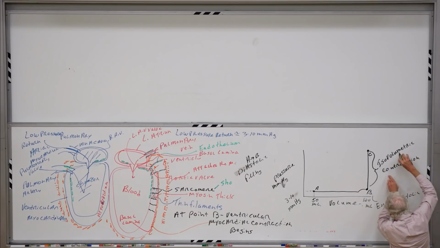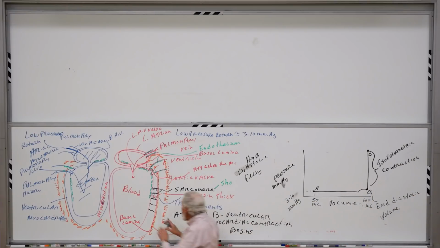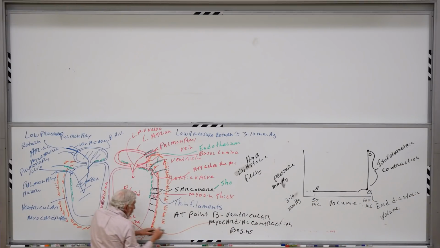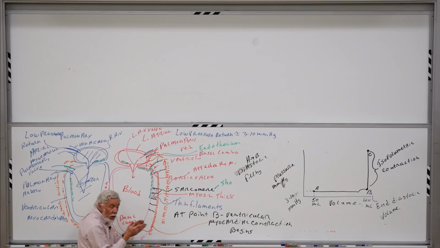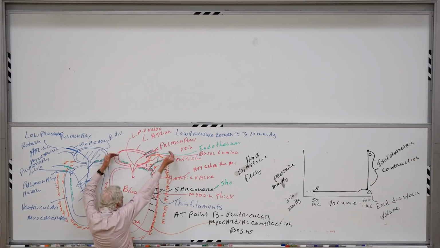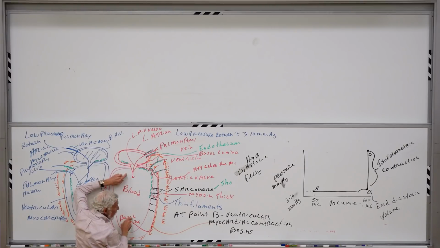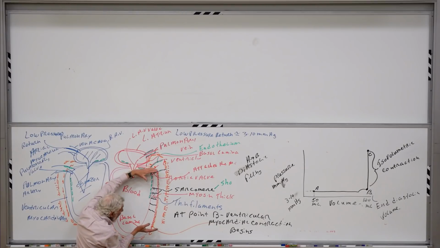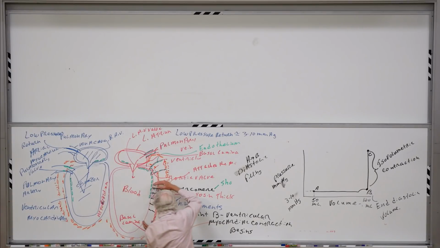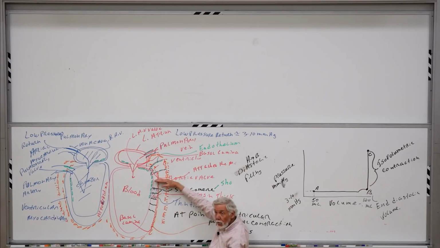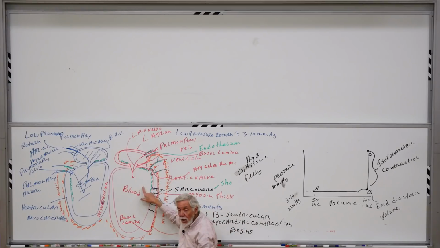So to take this image and apply it here, the period of isovolumetric contraction is after the blood has come across the AV valves and filled the ventricular chamber. And now the pressure begins to build because we have contraction, of shortening of these myocardial sarcomeres. That's going to increase the pressure here.